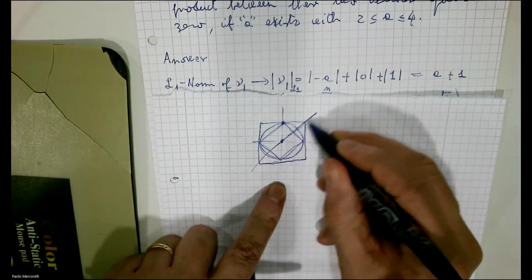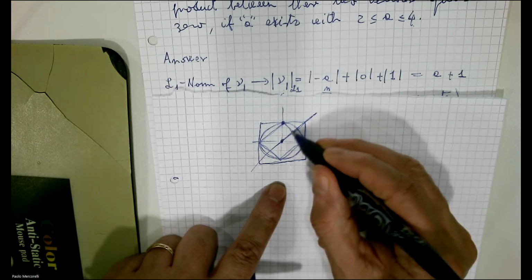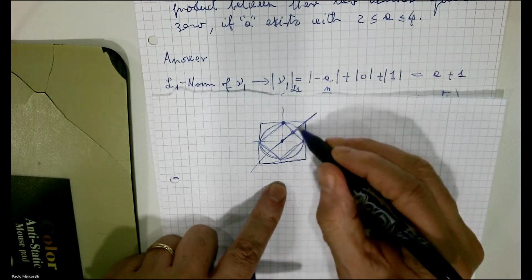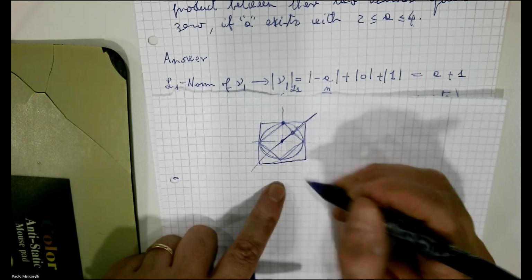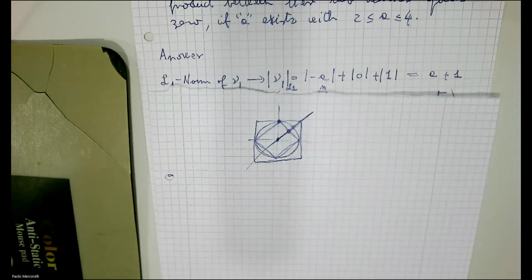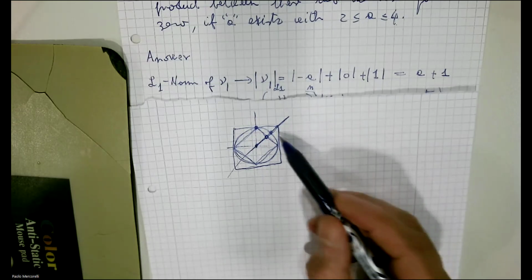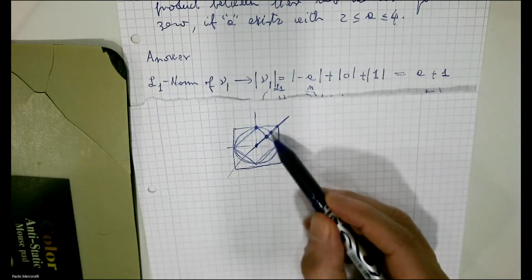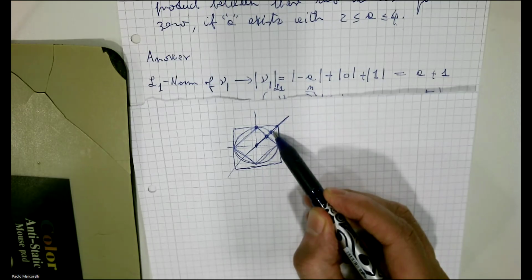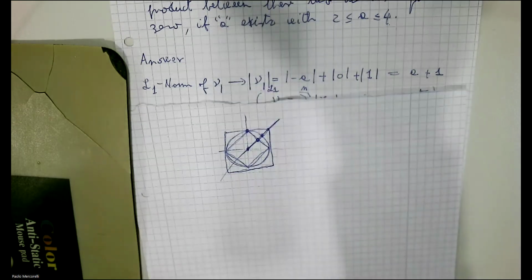If I move on this line here, to reach this point, in your opinion, if the velocity is constant, will we arrive at a different time or the same time? I don't answer you.